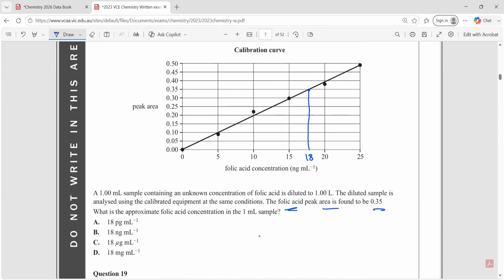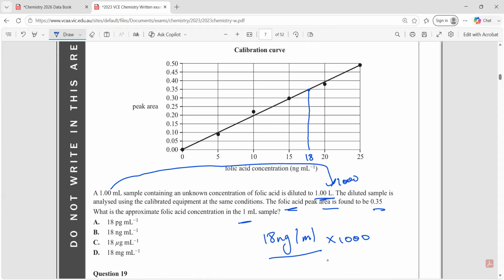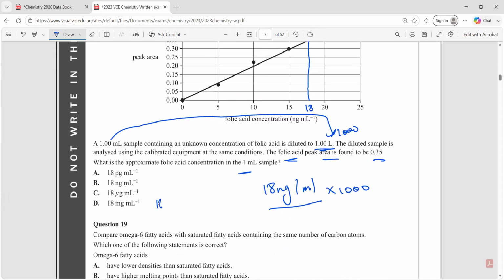Okay. It is diluted to 1 liter. So it's 18 nanograms per milliliter in the 1 milliliter sample. So there's been a dilution factor of 1,000, right? So then we need to times this by 1,000. So what's 18 nanograms times 1,000?